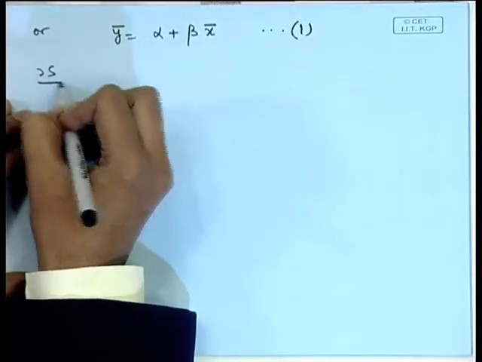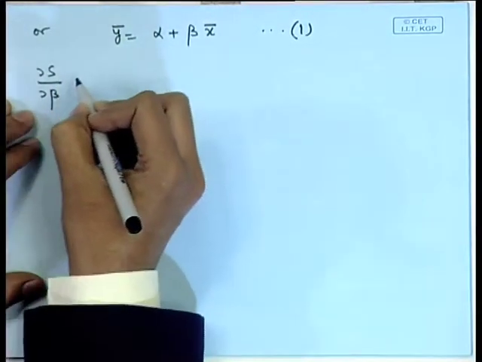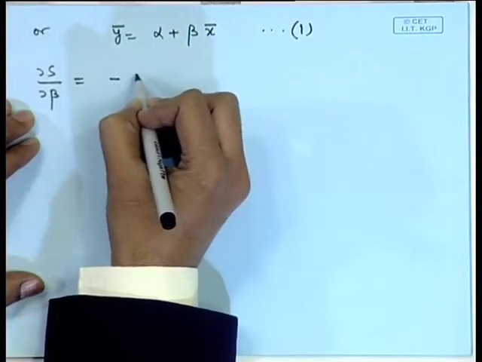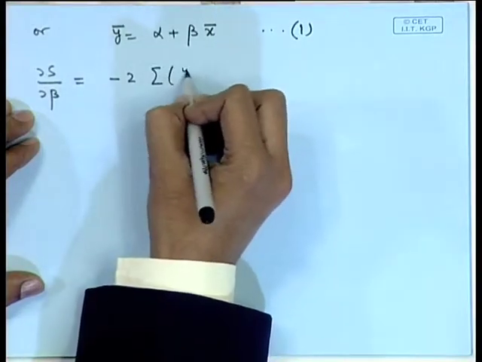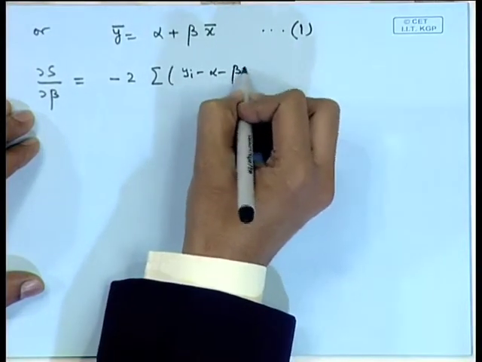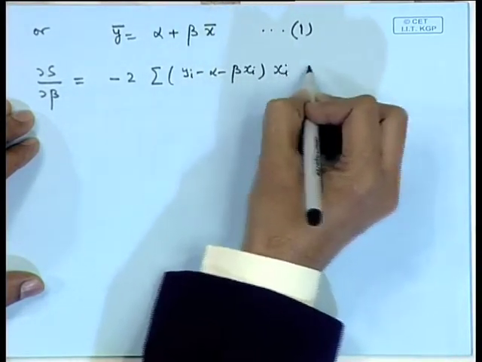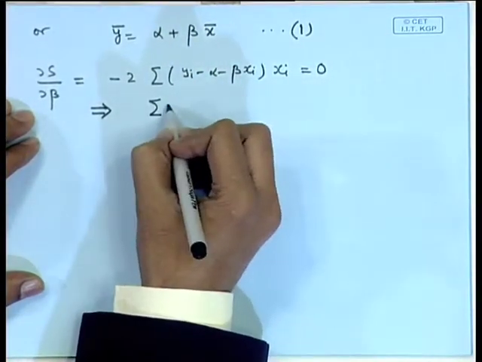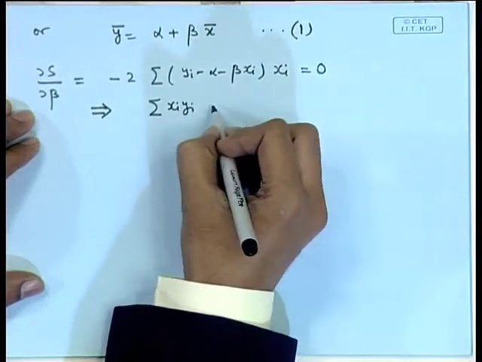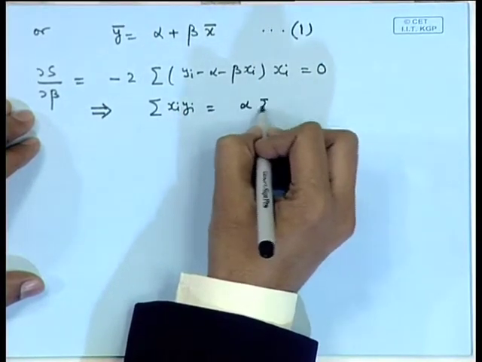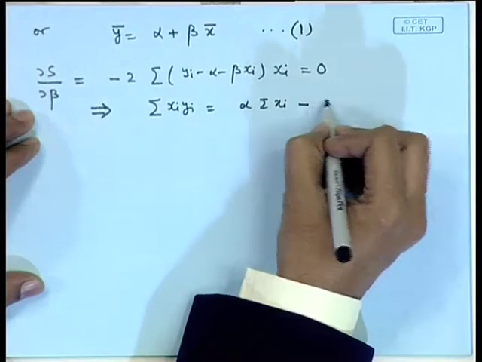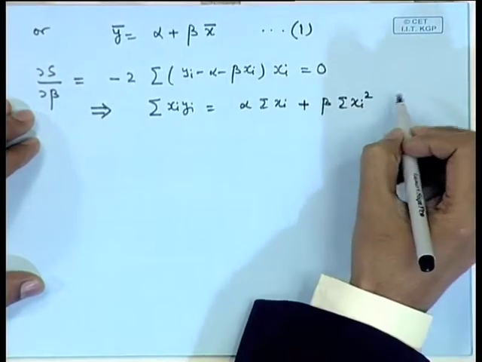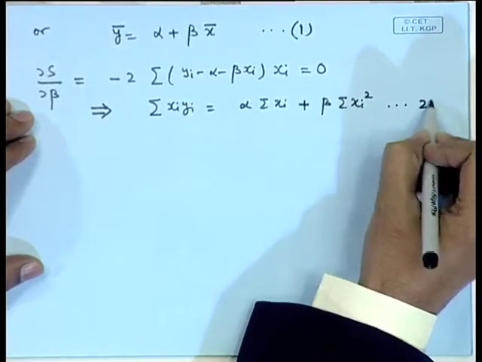Second equation is obtained by del S by del beta equal to 0, that means, minus twice sigma y i minus alpha minus beta x i into x i is equal to 0. After simplification, this is resulting in sigma x i y i is equal to alpha sigma x i plus beta sigma x i square. Let me call it equation number 2.